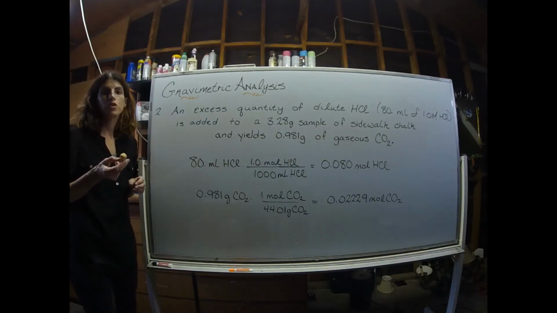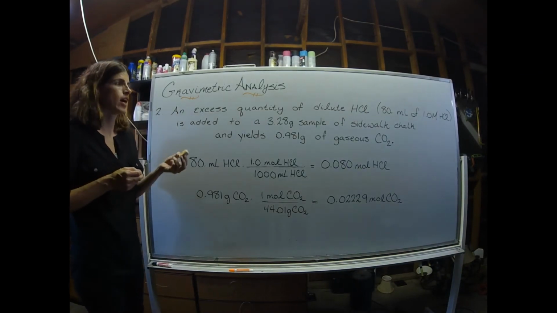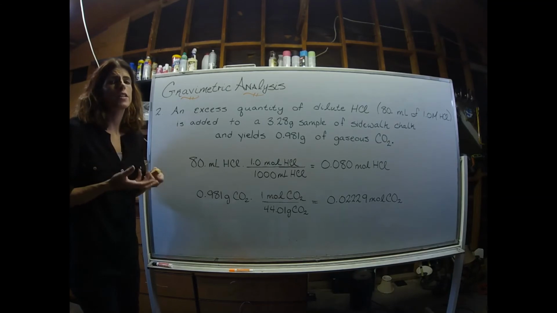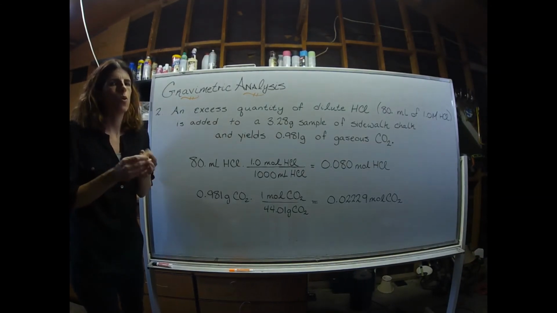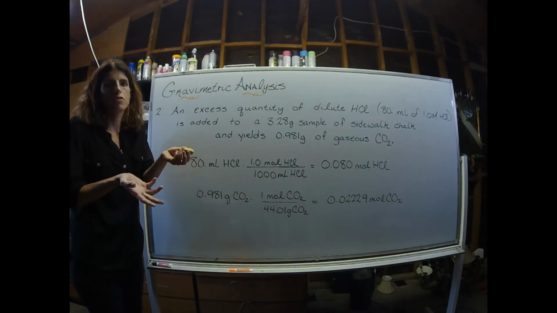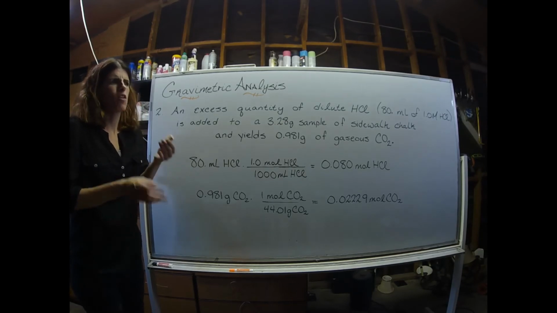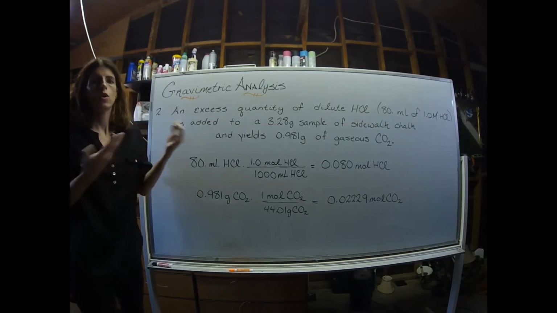In problem number 2, we're asked to determine the amount of calcium carbonate in a piece of sidewalk chalk. Now the chalk is not going to be pure calcium carbonate. Calcium carbonate doesn't hold together all that great, and sidewalk chalk obviously comes in different colors. So there must be other things like maybe some kind of adhesive or glue and dye and who else knows what else.